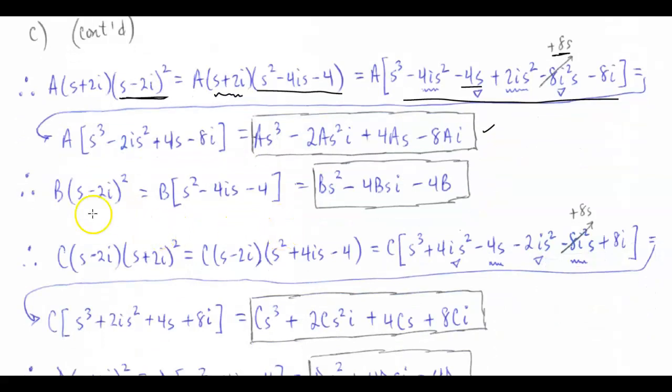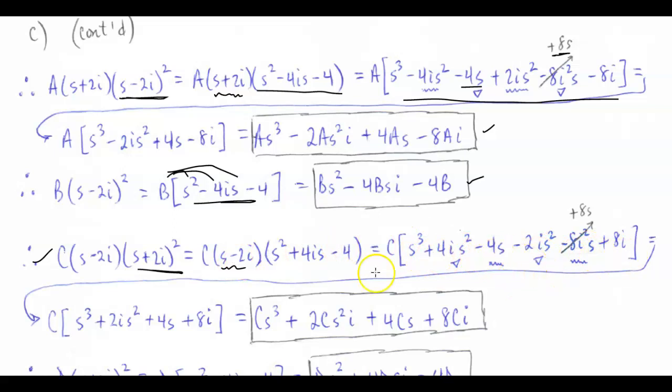Do the same thing for the second term, just s minus 2i quantity squared times B. Of course, we FOIL that out and then distribute the B across all 3 terms, and end up getting this, fairly simple. The third term looks kind of similar to what we had in the first term. We go ahead and FOIL this out, then multiply this result times s minus 2i and get this result here.